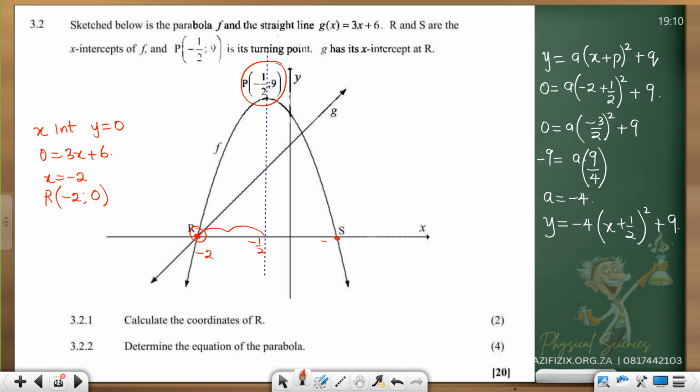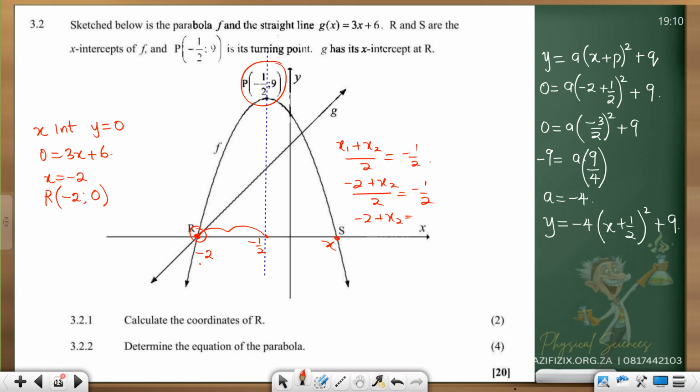Or look at this. If I don't know this, I can use my midpoint formula. x1 plus x2 over 2 should be equal to -½. Do I know this value? -2 plus x2 over 2 equals -½. Can we solve quickly?